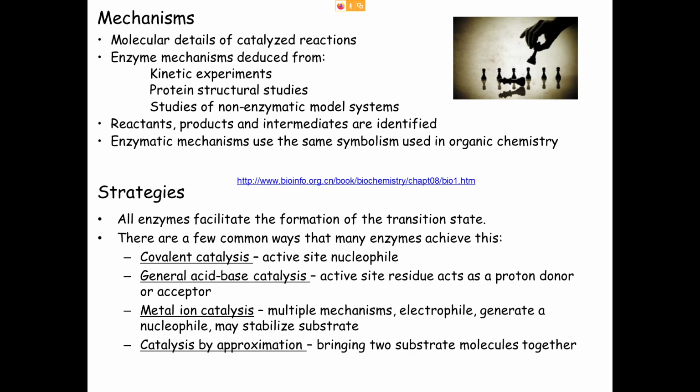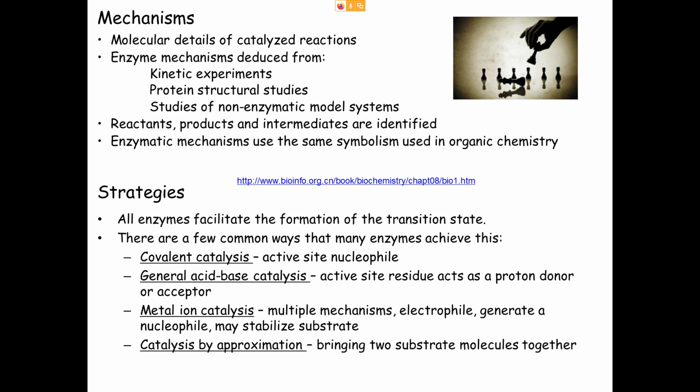And so some of the strategies at the bottom here that enzymes employ, and we'll talk about four main ones, are covalent catalysis, and that's where the enzyme itself gets involved in the chemistry. And so a functional group, like an amino group or a carboxy group or an alcohol or whatever group it might be, gets covalently involved in the reaction.